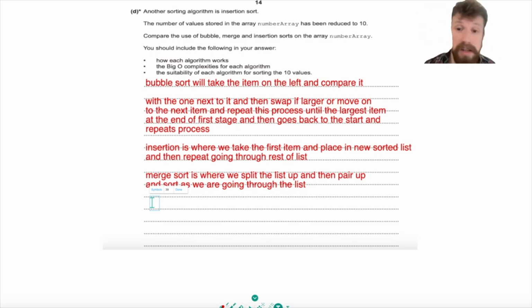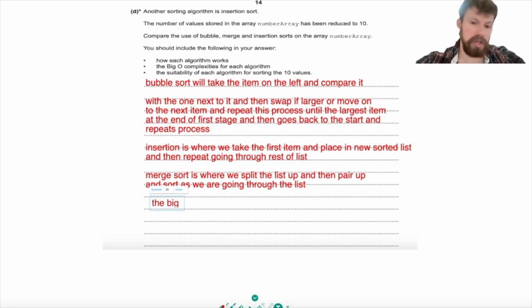In this case, it isn't a very big list, so I would be tempted to talk about the big O notation in terms of a best case for insertion and bubble sort, because there aren't many items. These aren't very good when there is a large amount of items, especially bubble sort, which is really bad.